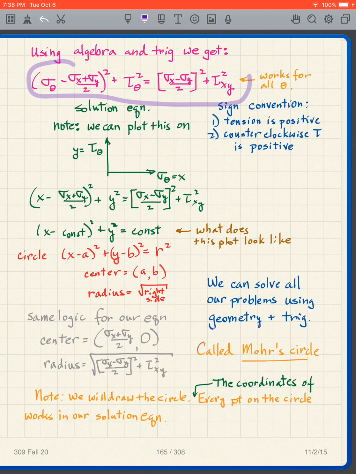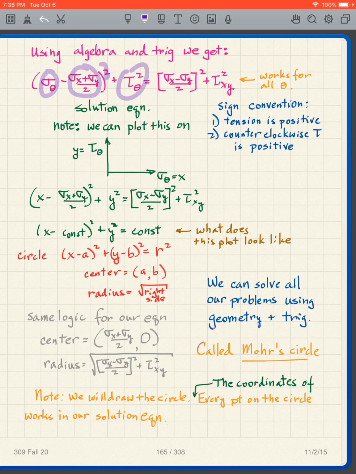You can take those two and come down to this expression. And let's look at what this is. Sigma theta minus sigma x plus sigma y over 2 quantity squared plus tau theta squared is equal to sigma x minus sigma y over 2 quantity squared plus tau xy squared.